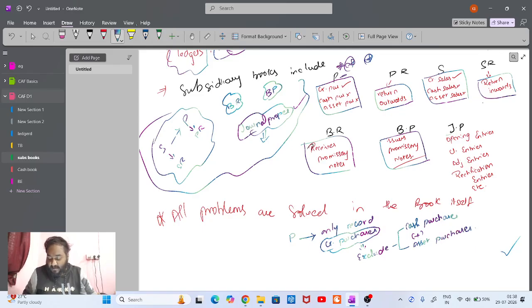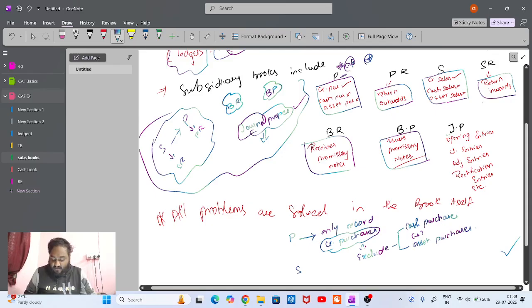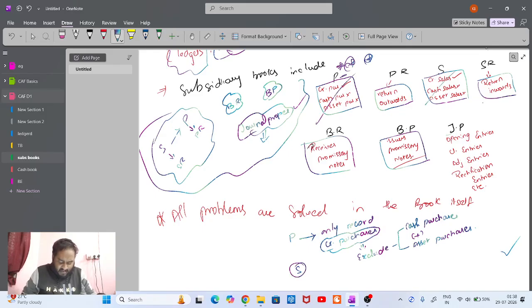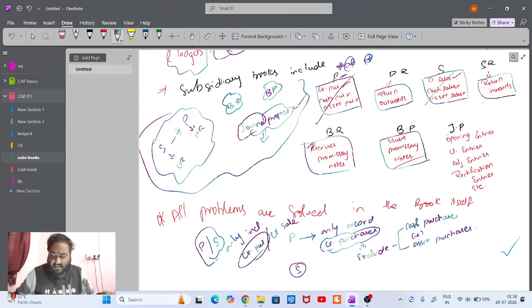Remember, the same logic applies to sales also. From purchase, you just put the word sale. Okay. So we understood the logic of this and this. Basically, for purchases and sales, we only and only include credit purchases. Other than credit purchase, we do not include or consider anything. Keep this in mind.